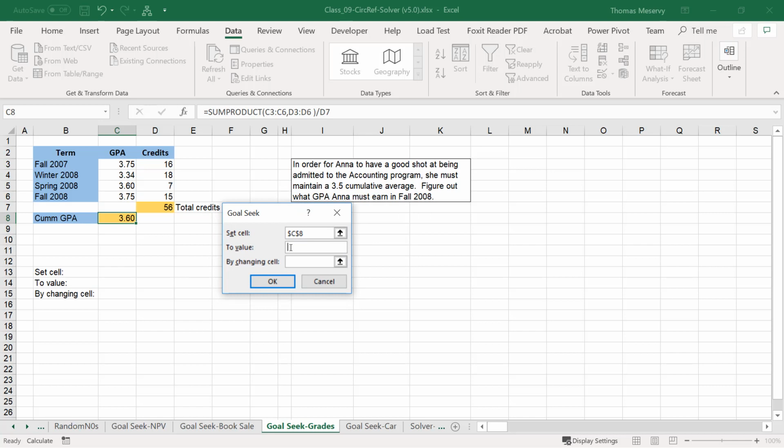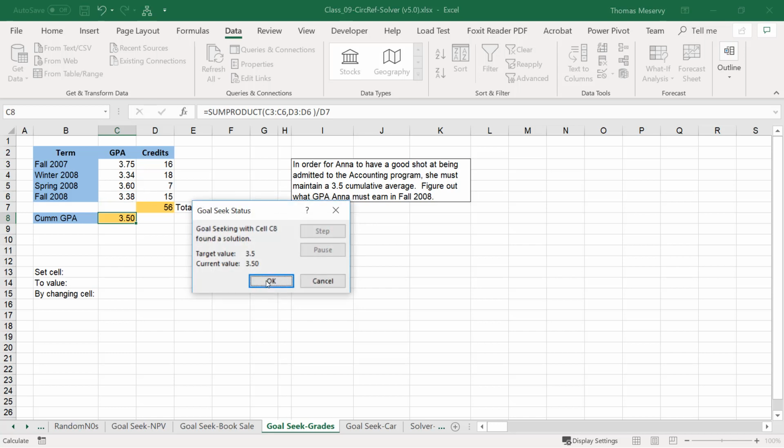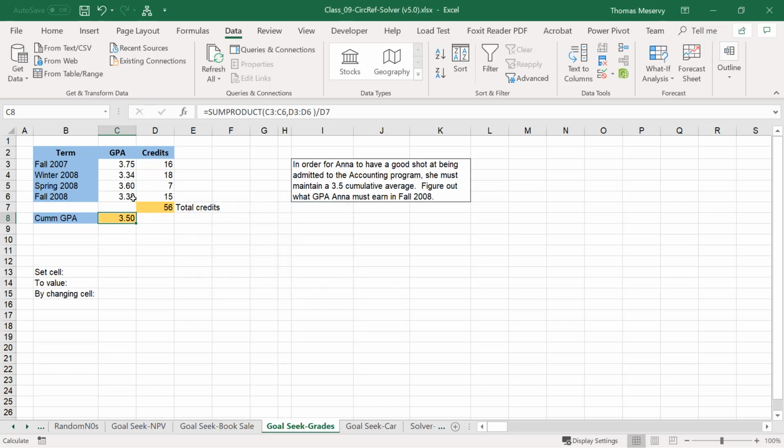And Anna needs to maintain a 3.5. So we'll put that in. And what are we going to change? Well, we'll change the GPA for fall of 2008. We say okay, and we get that 3.5. And so the GPA for fall of 2008, she needs a 3.38.